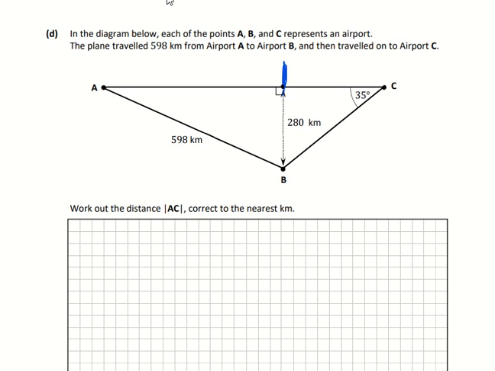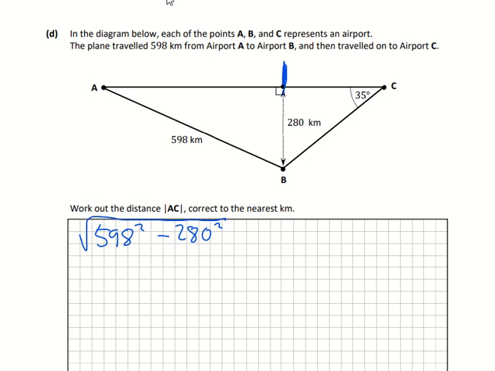To work out that first bit, we can use Pythagoras, because we've got a right angle triangle there on the left hand side. We have the hypotenuse, it's 598, so we can do 598 squared minus 280 squared, or whatever way you've done Pythagoras before, and then find the square root of that afterwards.